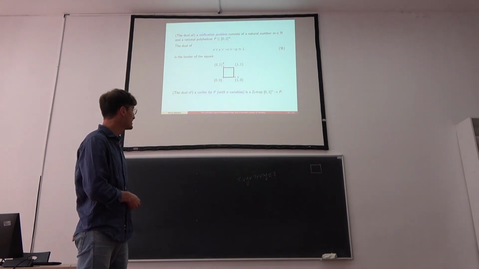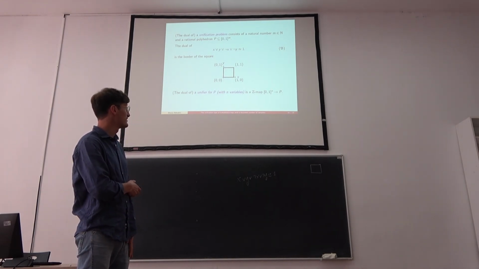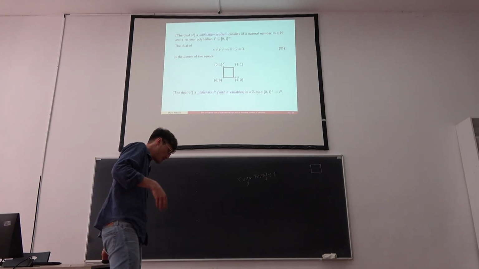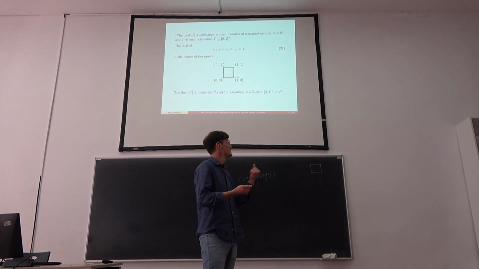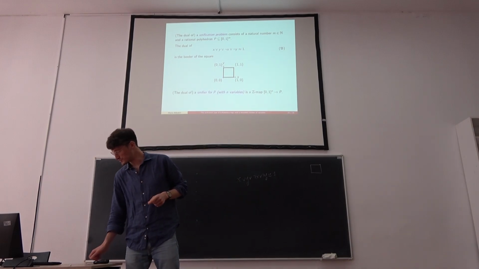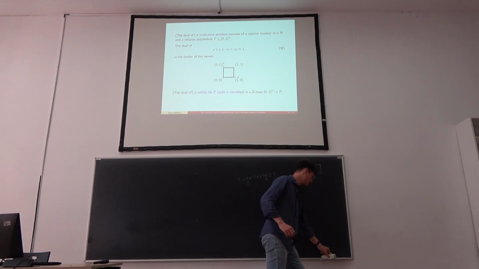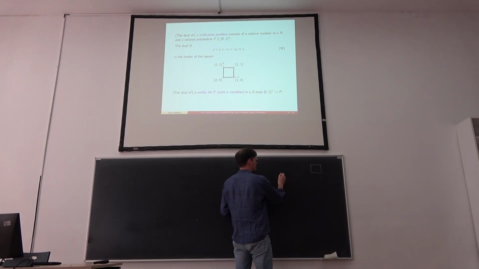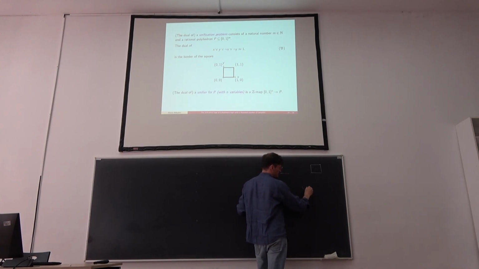And the unifier is a Z-map. A unifier with n variables is a Z-map from the nth power of the unit interval to the polyhedron P. So a unifier for this would be, for example, in one variable, the unifier I first represented that maps x to 1 and y to y.